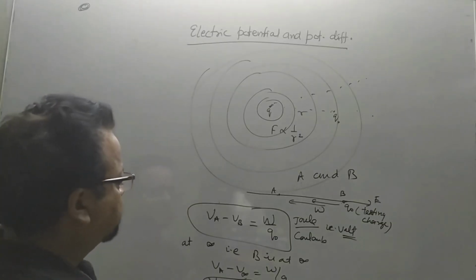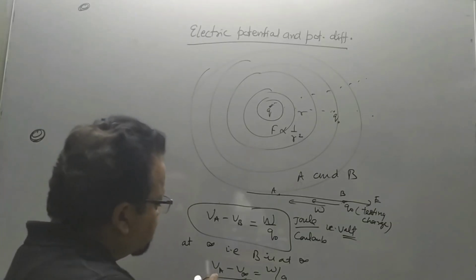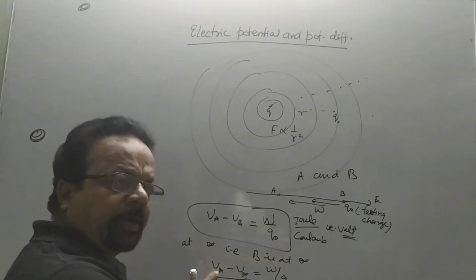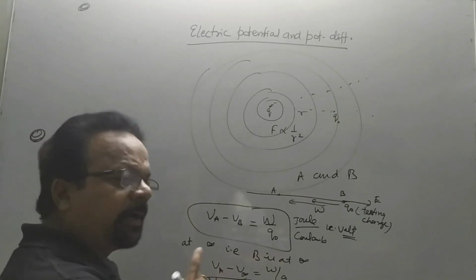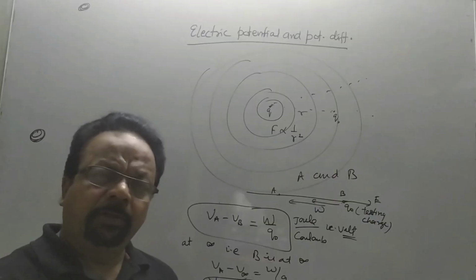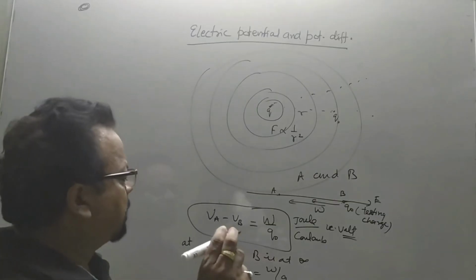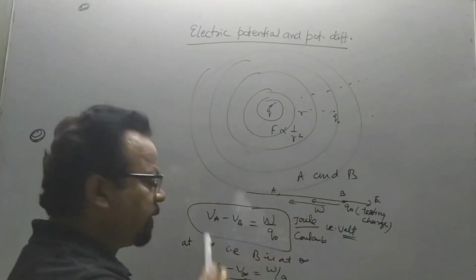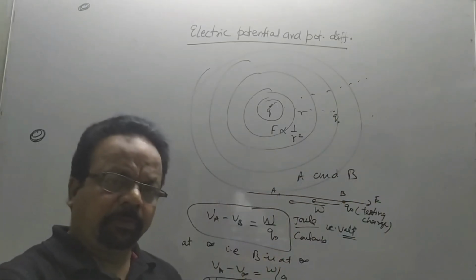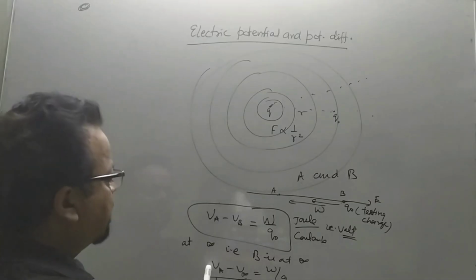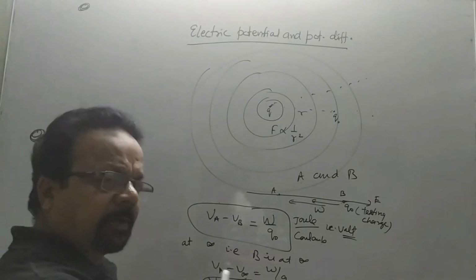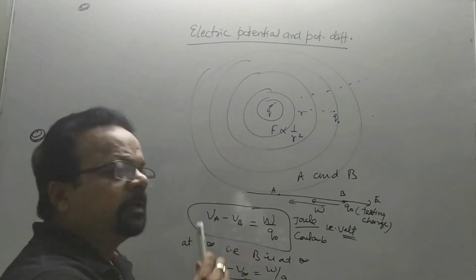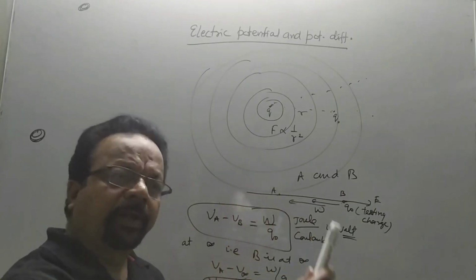So potential at any point may be defined as work done in moving unit positive charge from infinity to that point. In other words, potential at any point is nothing but potential difference between this point and infinity.